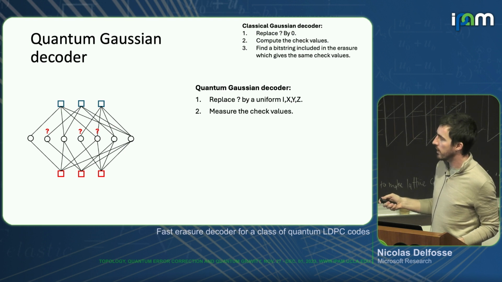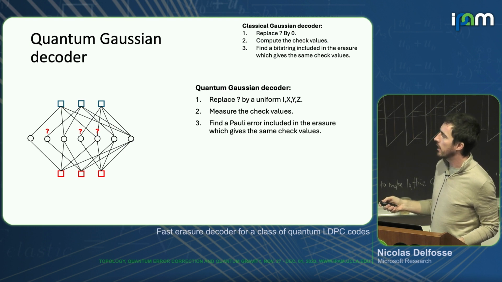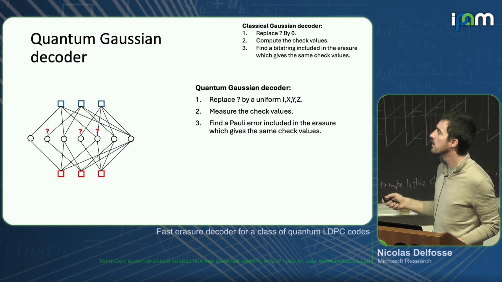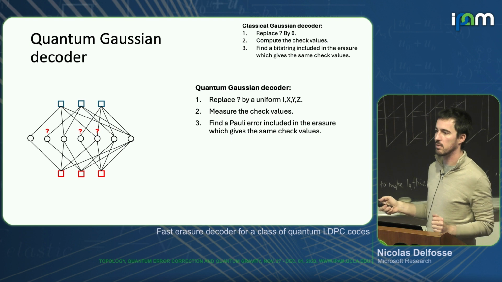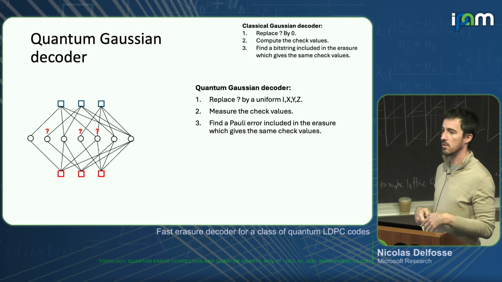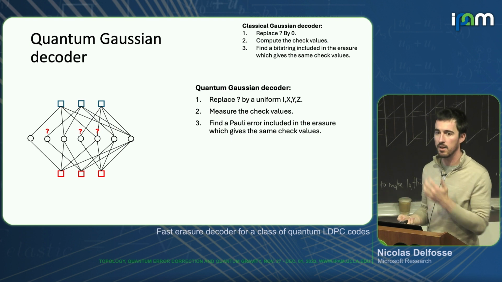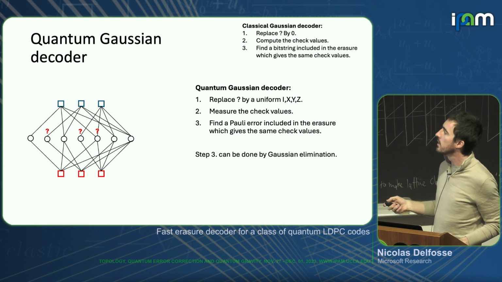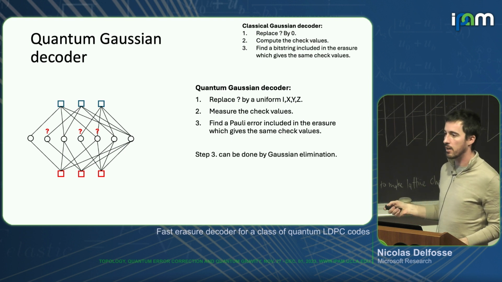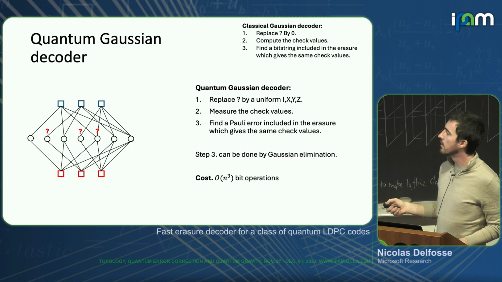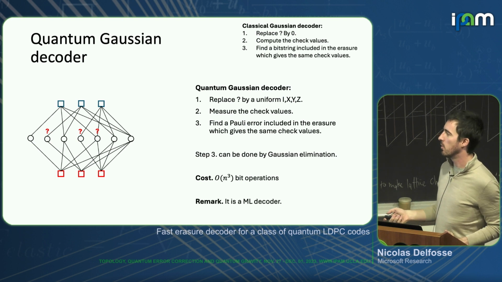Then we measure the check values. And we look for a Pauli error included in the question marks that gives me the same checks. That will allow me to cancel the error. And we can do step 3 again by Gaussian elimination, which costs again n-cube operations.